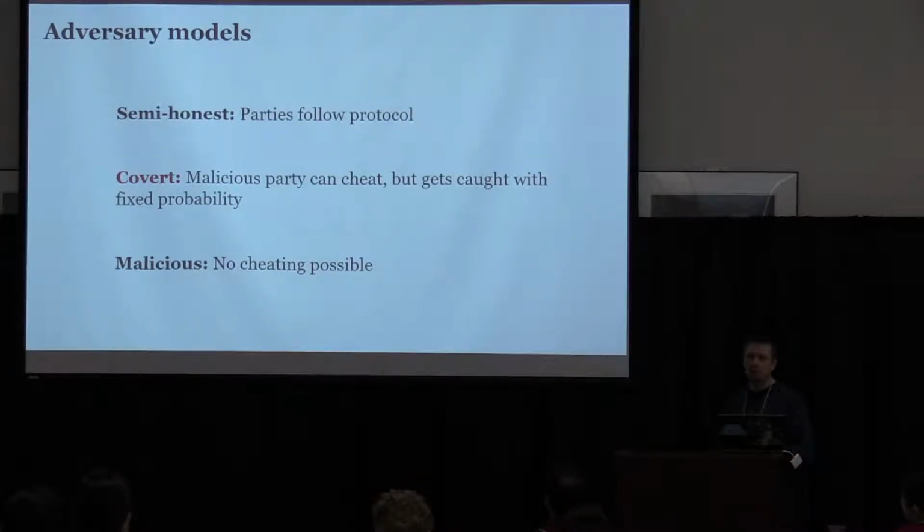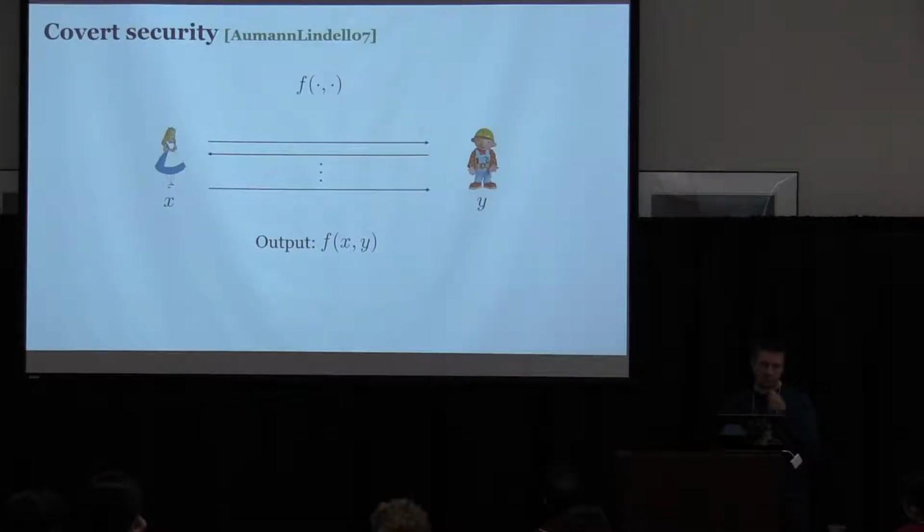And that model gives a very nice trade-off, I think, in the sense that a malicious party can cheat and in fact can succeed in cheating, but gets caught with a fixed probability. And then you can argue that, depending on your utility function, what you want to achieve with the secure computation, a lot of the time you don't want to do it, and rational players will not do that.